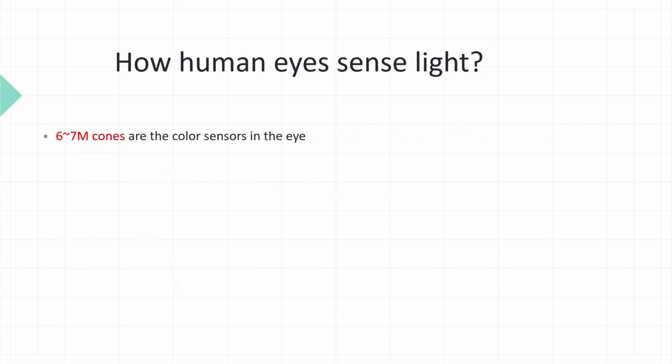Now let us understand how the human eye senses light, that is, how it perceives colors. In the human eye, there are 6 to 7 million cones, which are the color sensors. In simple terms, cone pigments are available.